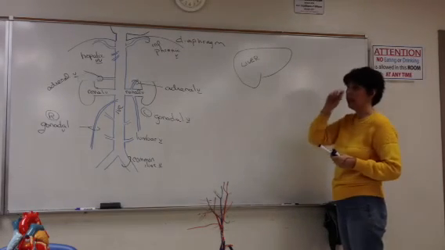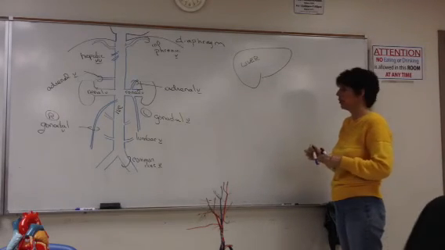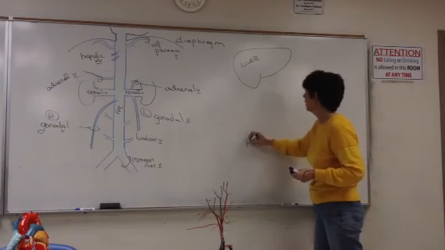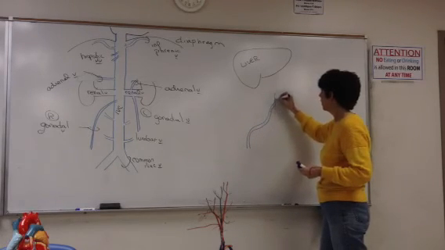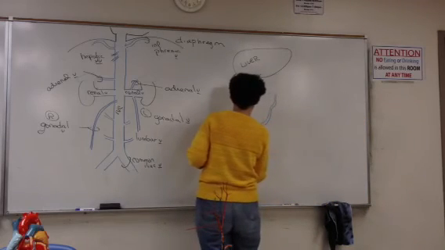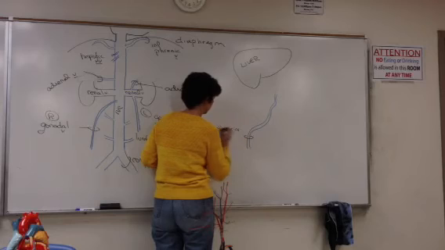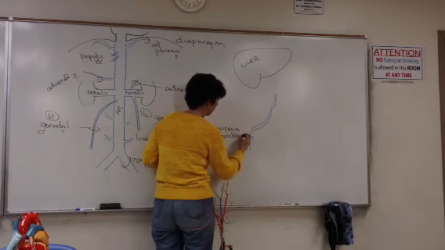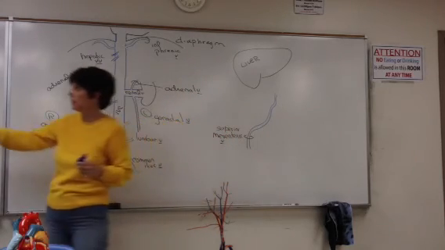So coming from the small intestine and from the ascending colon and transverse colon, we have the superior mesenteric vein, which would be this one right here.